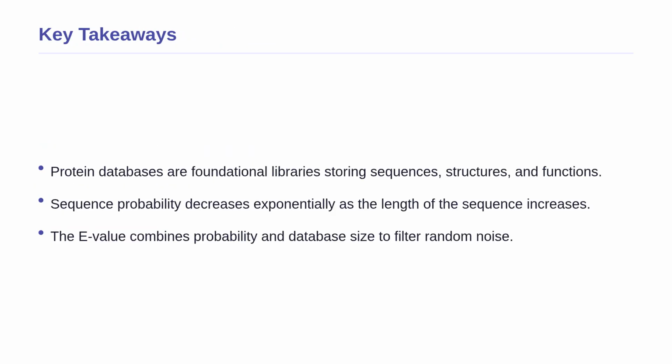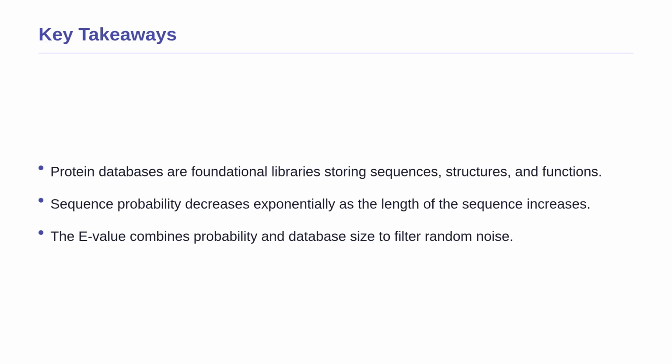We have covered a lot of ground today, so let us summarize the most important ideas. First, protein databases are the foundational libraries of computational biology, storing the sequences, structures, and functions of millions of proteins. Second, because there are 20 standard amino acids, we can mathematically calculate the probability of any sequence occurring by random chance.